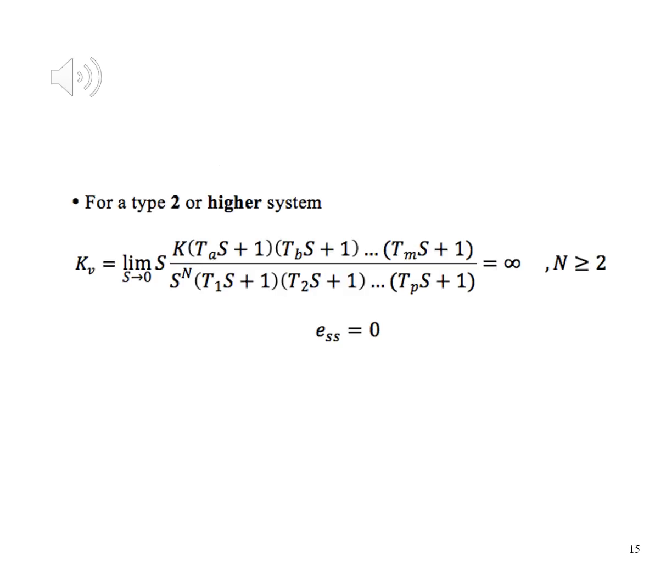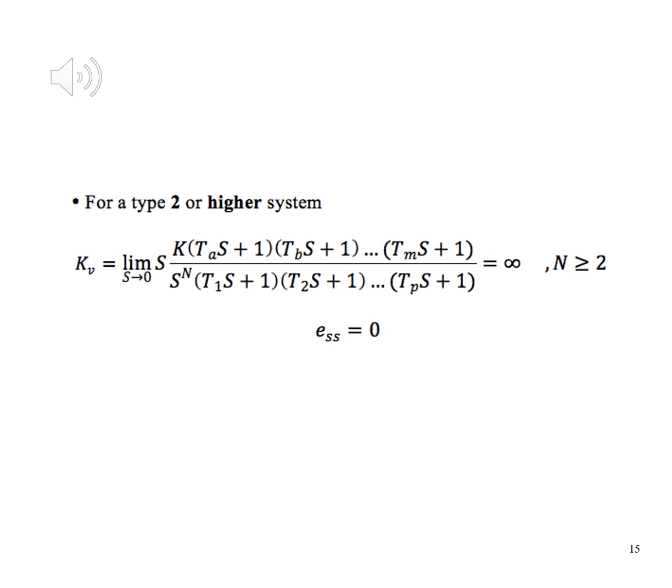What will happen if the system is a type 2 أو 3 أو 4، يعني التايب 2 فما فوق؟ هحط هنا في الايكويشن s to the power of capital N where N can be 2 3 4 whatever. لما اخد الليميت لما s tends to 0 بتاع الايكويشن دي هلاقيها بتساوي انفينيتي، يبقى الستيدي ستيت ايرور بتاعك بيساوي صفر لان هو m على كي في والكي في بتساوي انفينيتي.